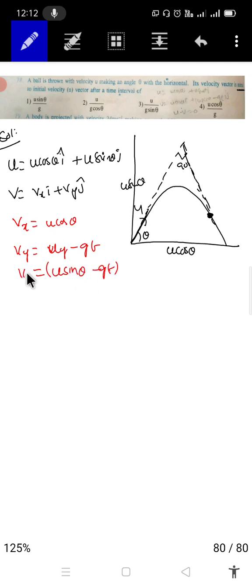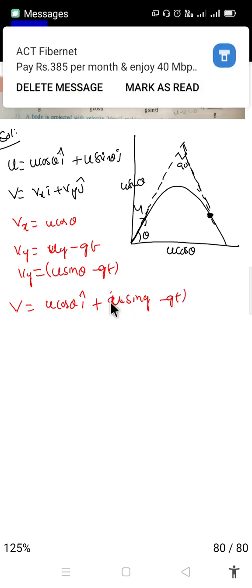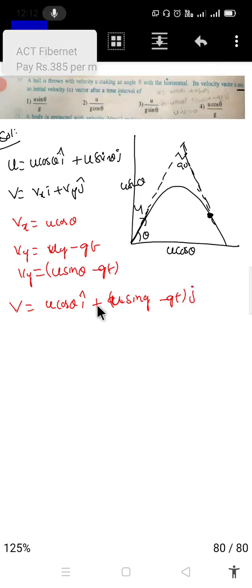This is the vertical component of velocity after time t. Now I am going to substitute in this equation. The final velocity v is equal to u cos theta i cap plus (u sin theta minus gt) j cap.